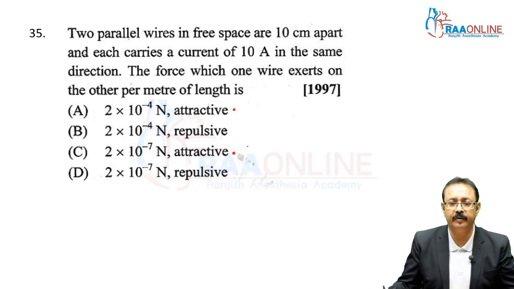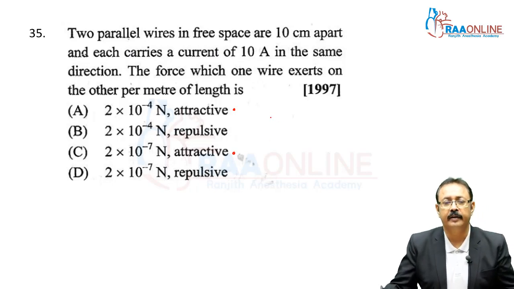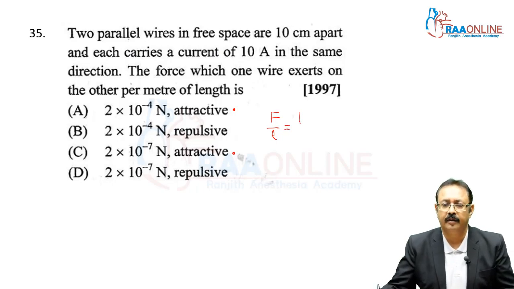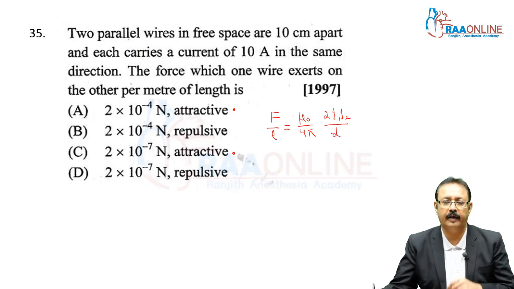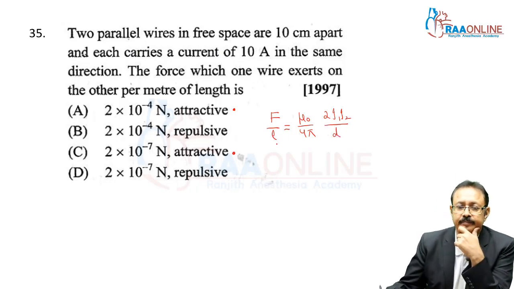By what amount? We calculated the force per unit length, it was mu naught upon 4 pi, 2 I1 I2 by R, meaning distance D.